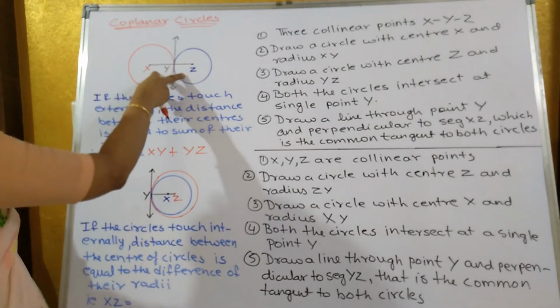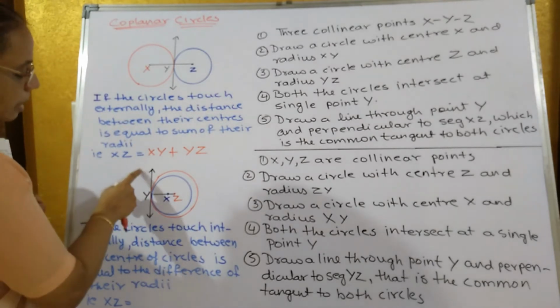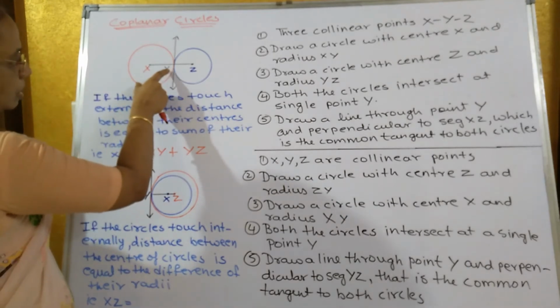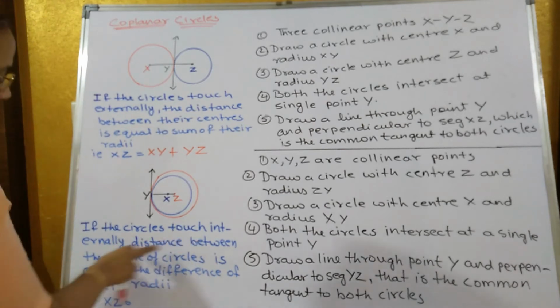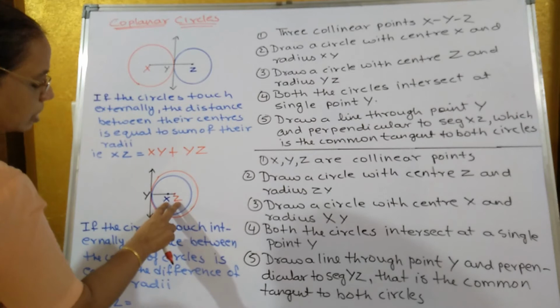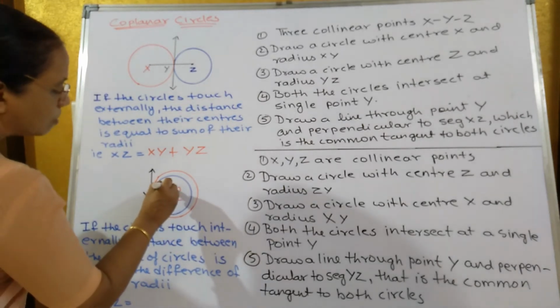So if the circles are touching externally, they have a common tangent. If the circles are touching internally, then also they have a common tangent, and the point of contact of both the circles is Y. Here also it is Y. So if the circles are touching internally, what will be the distance between the two centers? It is only this much.